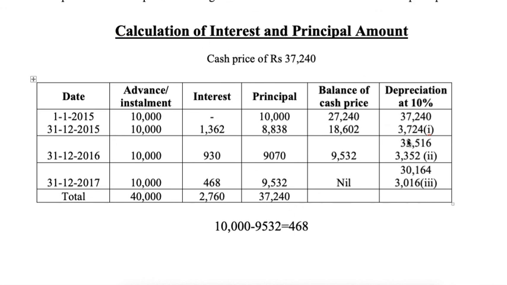And if we add the depreciation amounts, the first, second and third depreciation amounts, these three, we are going to get the total depreciation value of the asset for the whole 3 years.